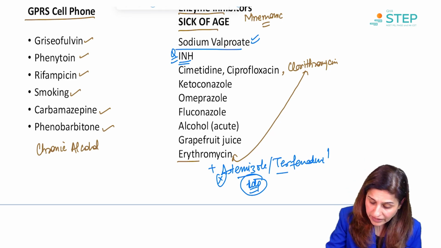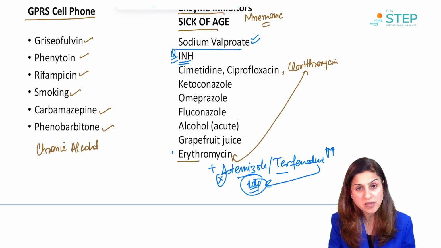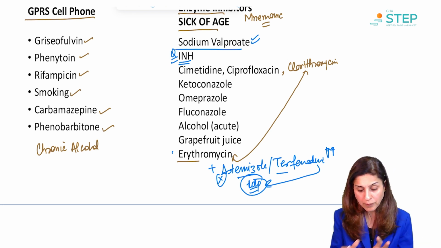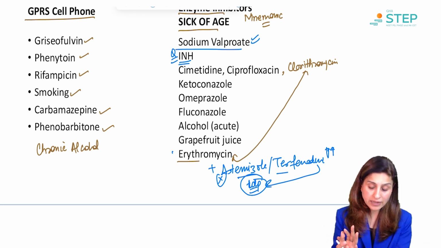So it will increase the toxicity and the patient will have dangerous Torsades de pointes. That's why astemizole and terfenadine are now banned drugs, no longer available. But this is often asked in the exam.